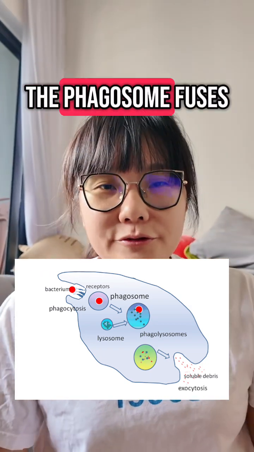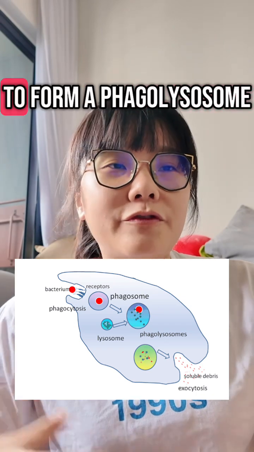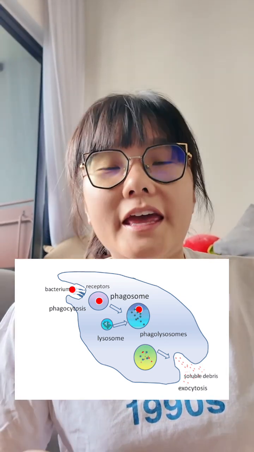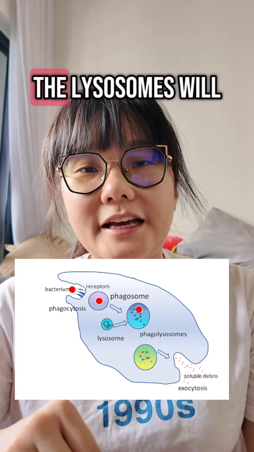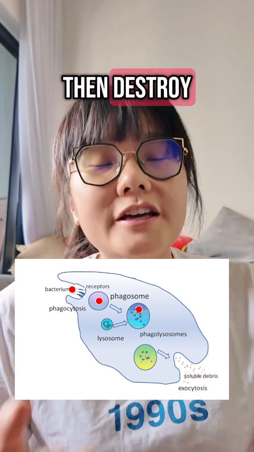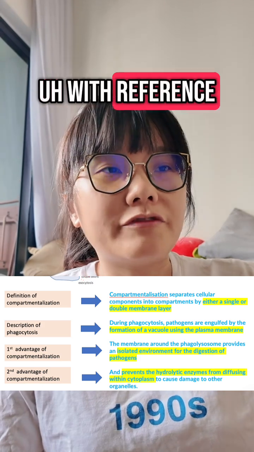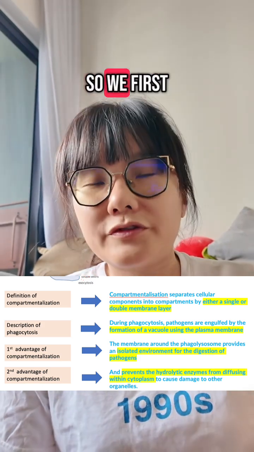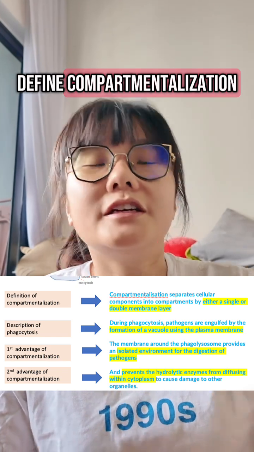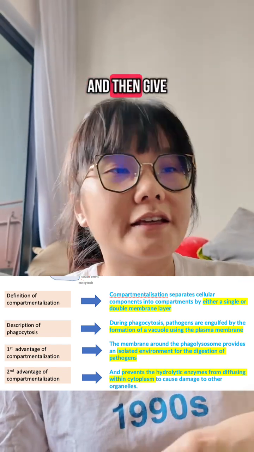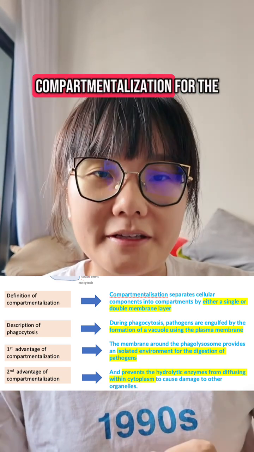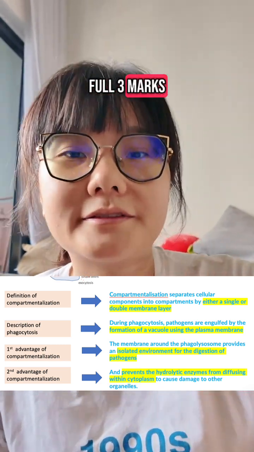The phagosome fuses with the lysosome to form a phagolysosome, and then the digestive enzymes in the lysosomes will then destroy the foreign pathogen. So this is how we will answer the question with reference to the structure. So we first define compartmentalization, describe phagocytosis, and then give 2 advantages of compartmentalization for the full 3 marks.